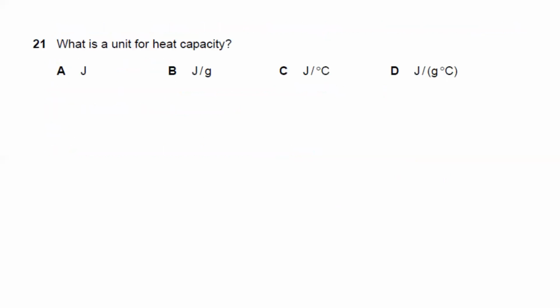Next question number 21. What is the unit of heat capacity? Remember, heat capacity: Q equals C times delta T. Do not confuse it with specific heat capacity, that is mc theta.